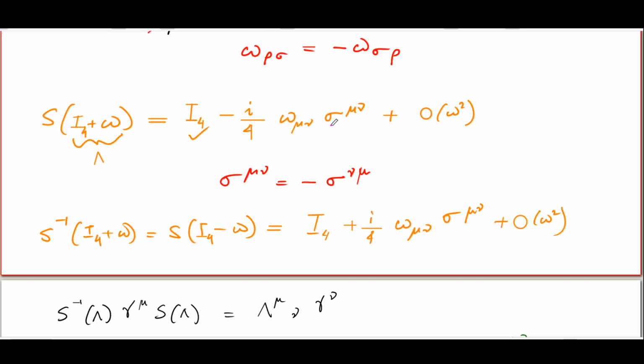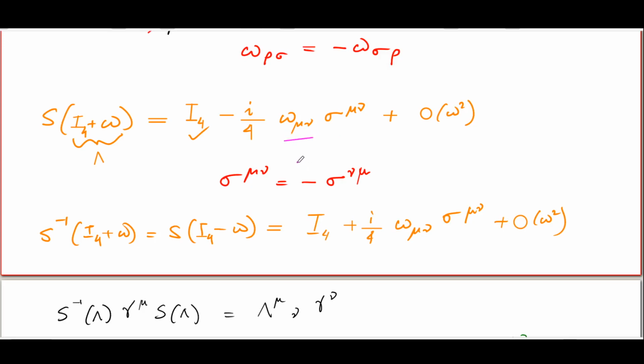Of course, there could be higher order terms, but for an infinitesimally small omega, those higher order terms would be negligibly small. Now let us examine this term here a bit more closely. The factor minus i by 4 in front has been put in there for later convenience. The omega mu nu's here, they are actually numbers.